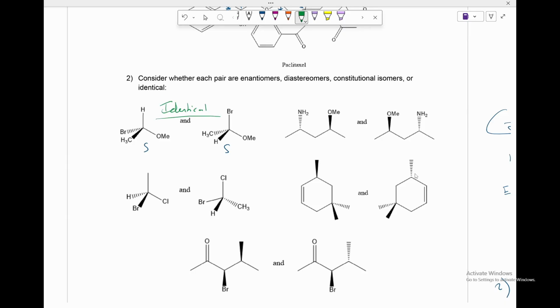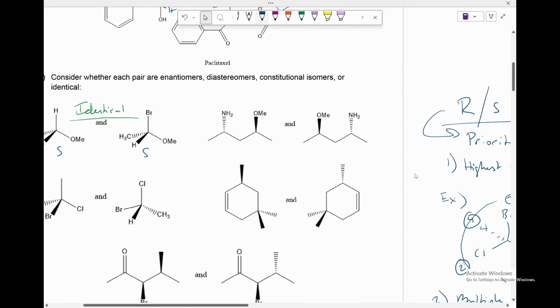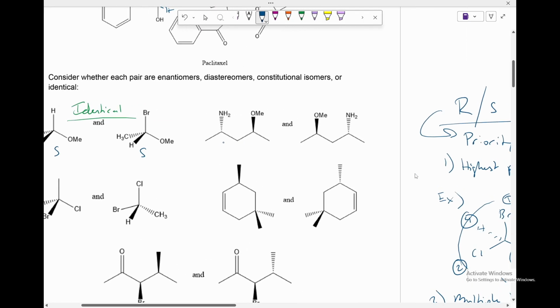Okay. Very cool. This next one right here, we can see that the methoxys are mirrored, and the NH2 are also mirrored. So if we drew a mirror here, we would get exactly that. So these are enantiomers.